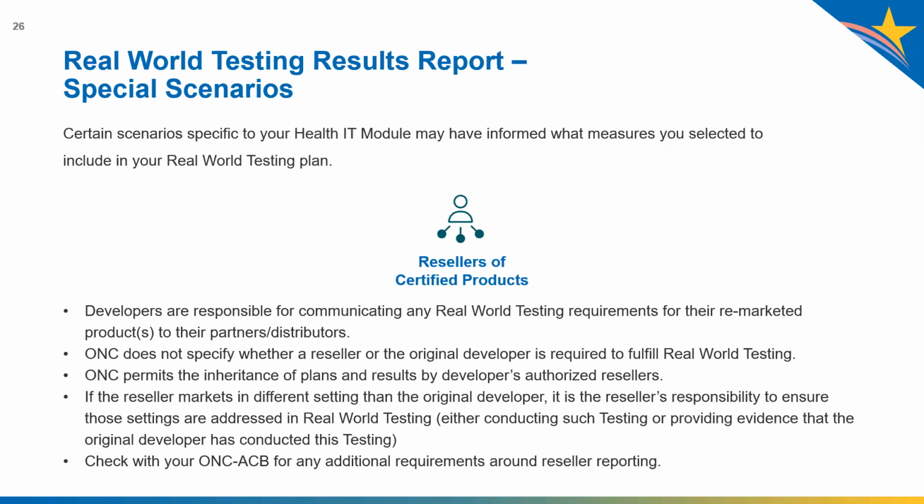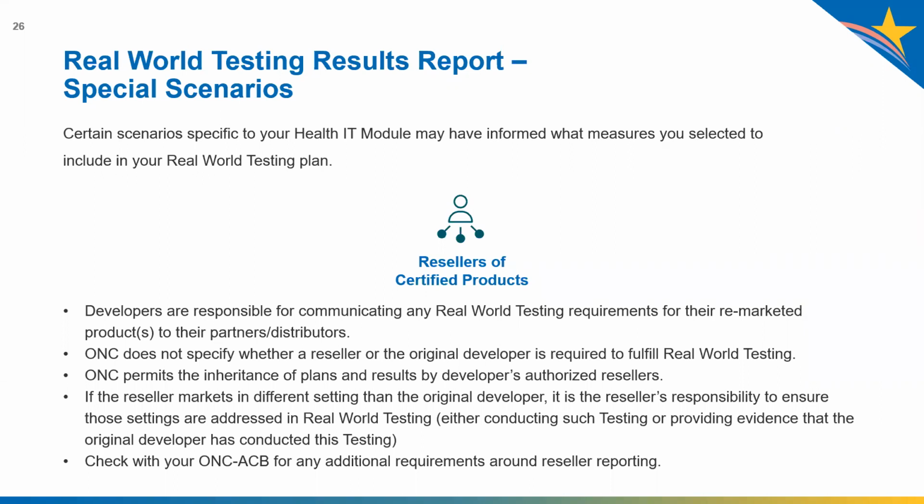But if it is a listing on CHPL that is being displayed as certified, these requirements are mandatory, okay? So you want to be sure you're working with your partners and distributors to ensure that you have a good handle on, one, them understanding that they are held responsible for these requirements, and two, that you have an understanding of who's taking on what part of this responsibility.